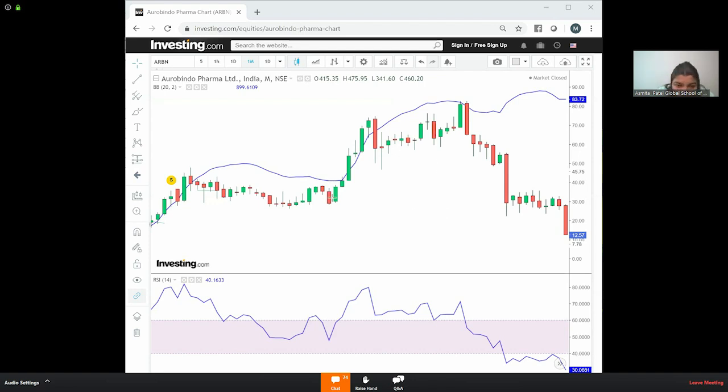Fourth candle. Did this close above Bollinger Bands? Red candle. If it's red candle, open is higher and a close is lower. Yes.